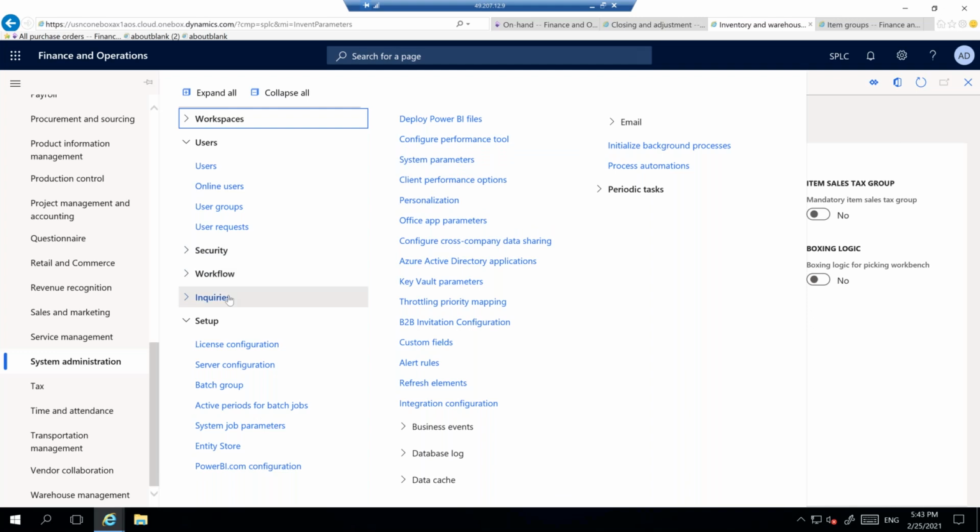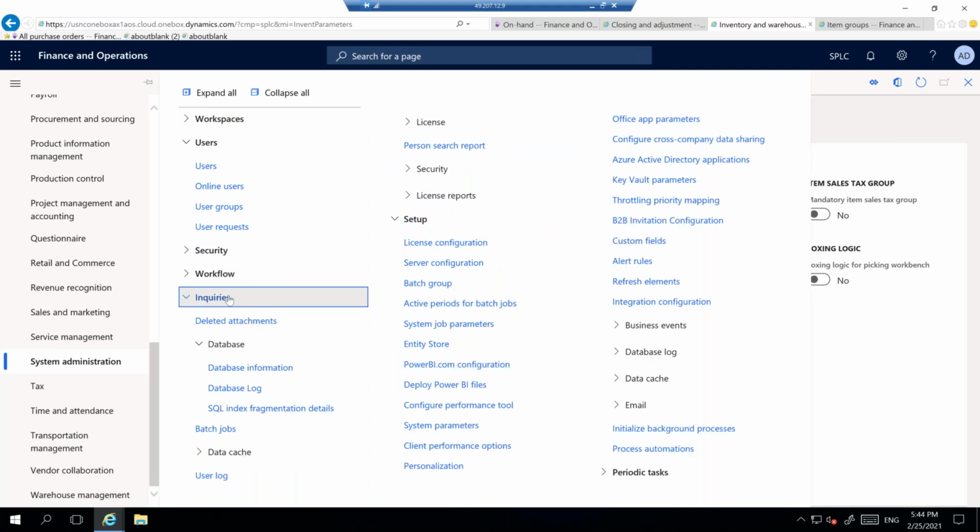Where is that? Inquiries. It is in batch jobs.